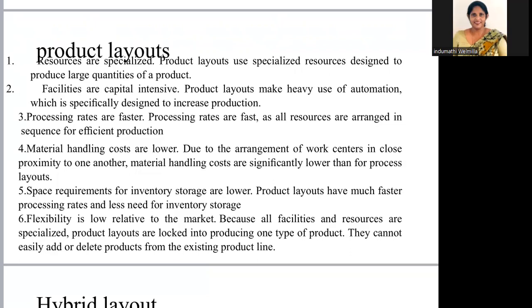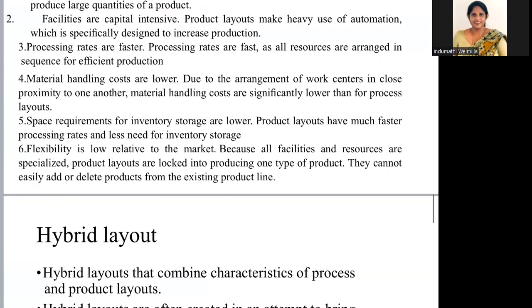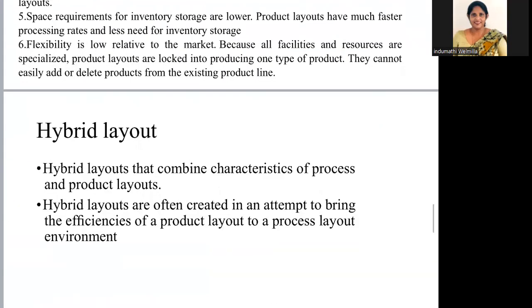So anyway, in this hybrid layout, in the same one organization, one section uses the methods of process layout, and another part can be a product layout. Both process layout and product layout can be there.